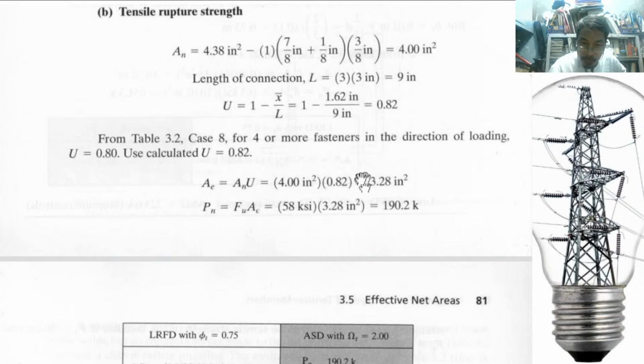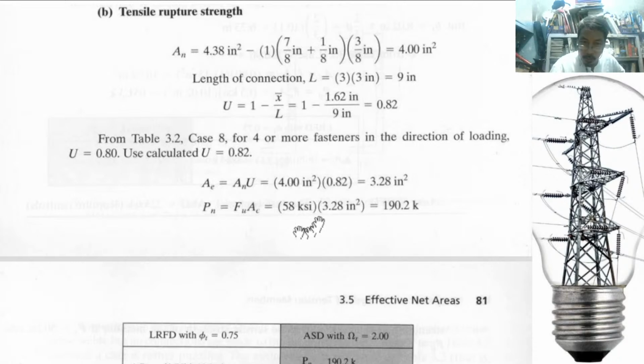After solving that, we can solve the nominal tensile force. So 3.28 multiplied by FU. Take note, don't use 36 because this is FU. We are solving for rupture, so we are going to use FU and not FY.